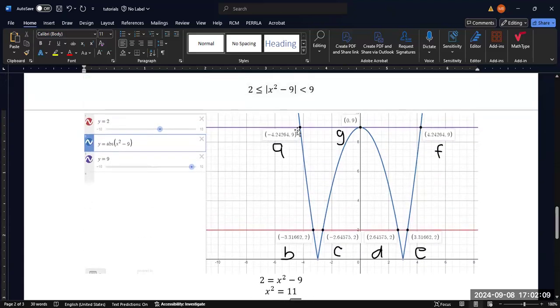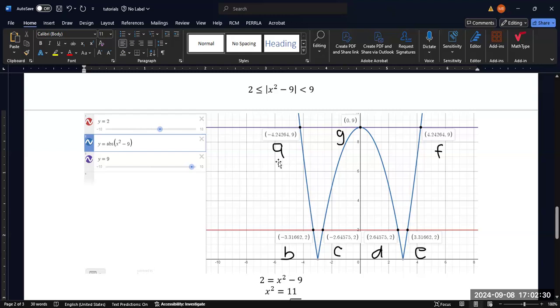We wanted this absolute value, so that's our blue graph, to be in between 2 and 9. So that means this segment of the graph, and strictly in between 2 and 9, this segment of the graph, and then this segment of the graph.